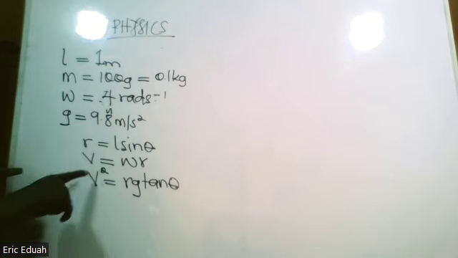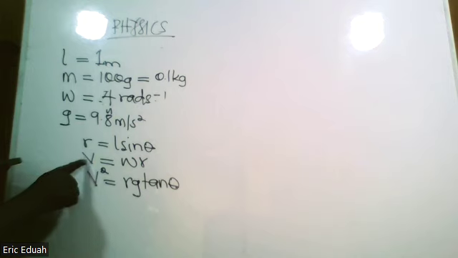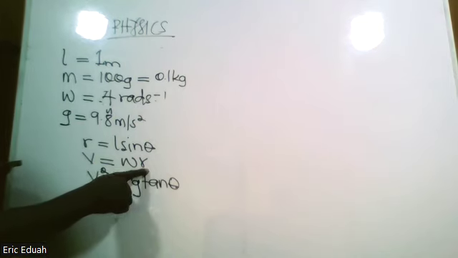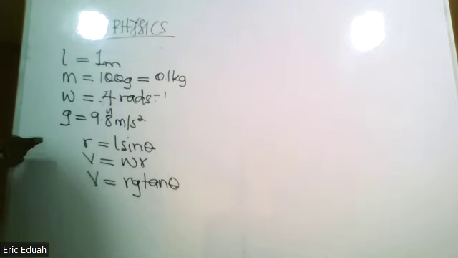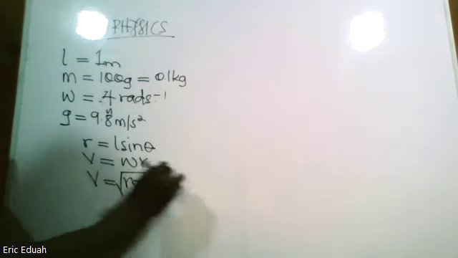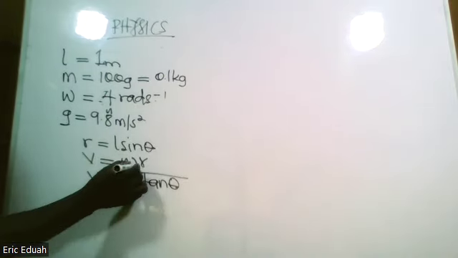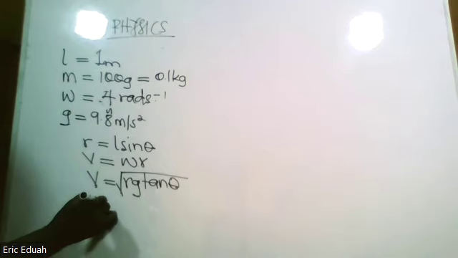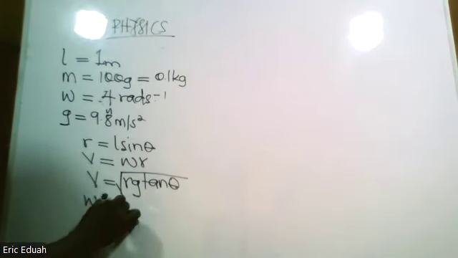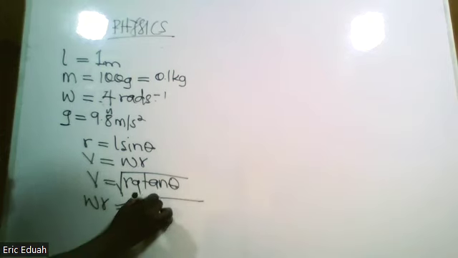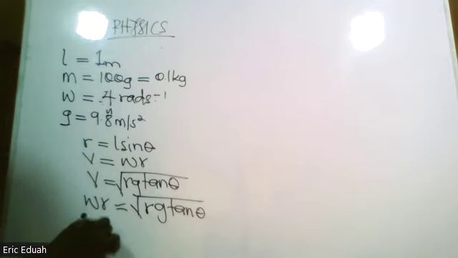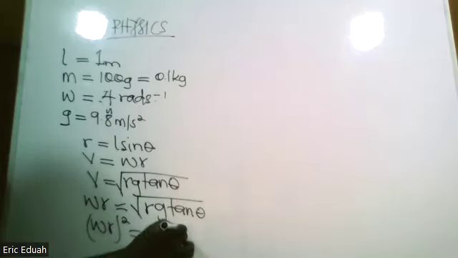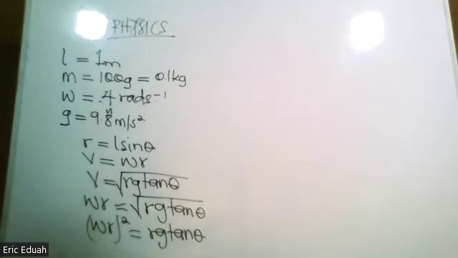But this should ring a bell. If V is equal to omega R and V is equal to the square root of this, then if I substitute this for V, I have omega R is equal to the square root of RG times tan theta, so omega R all squared will be equal to RG times tan theta.